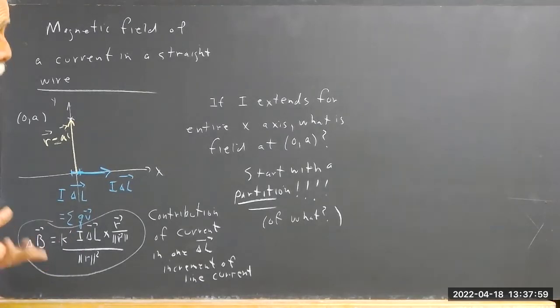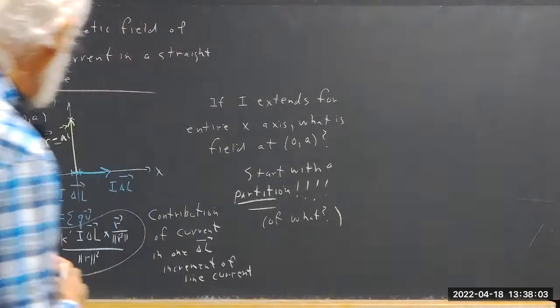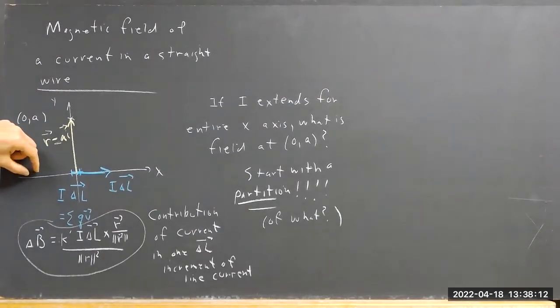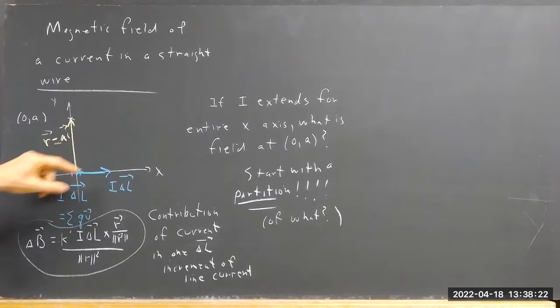Now you might be thinking of what happens with an electric field. If you have a charge across here, you would get a repulsion or an attraction. Let's say it's repulsion. So you have a positive charge here and a positive charge here.